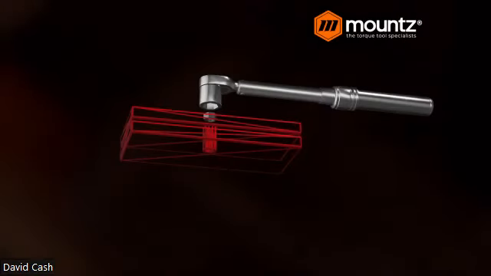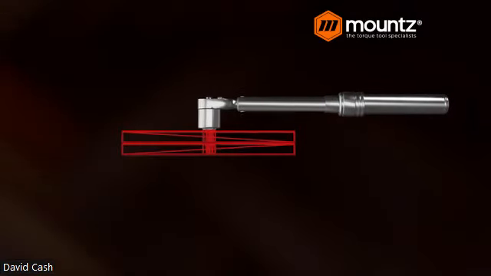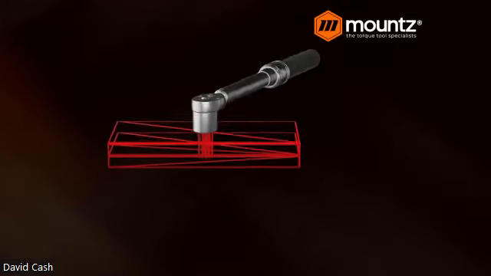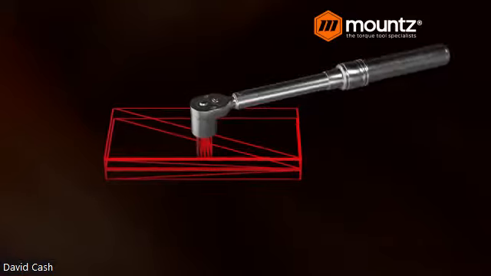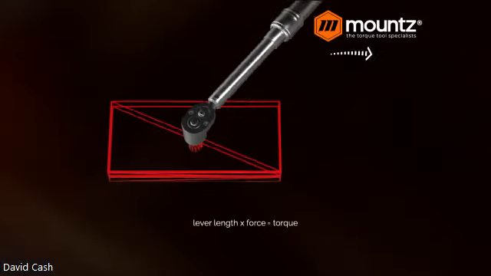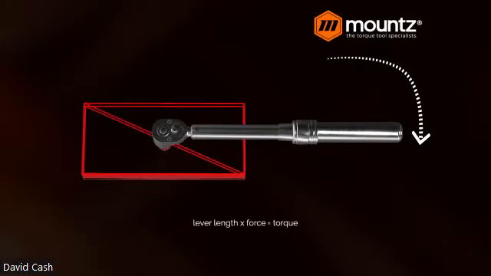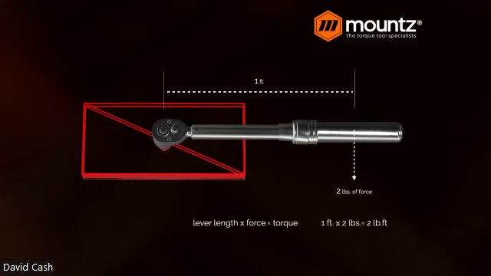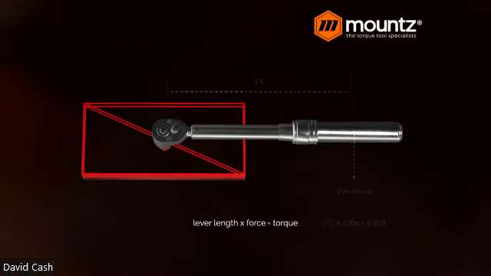Now, we take a look at this animation. You can see we have our wrench here. It has a lever arm to it. And as that lever arm is being pulled, we are applying torque to our fastener. And so at 1 foot of distance with 2 pounds of force, we are adding 2 foot-pounds of torque.